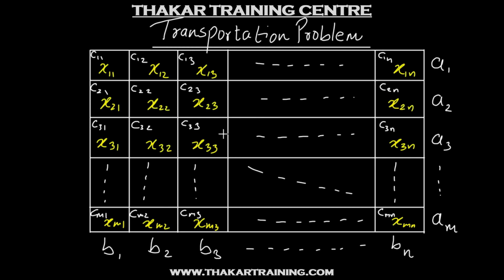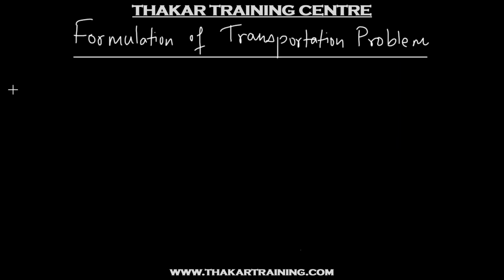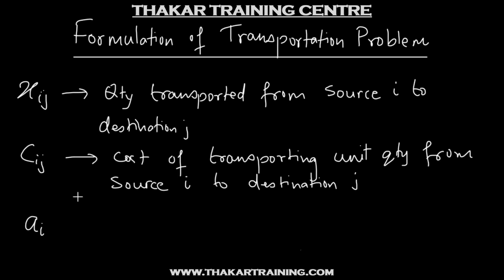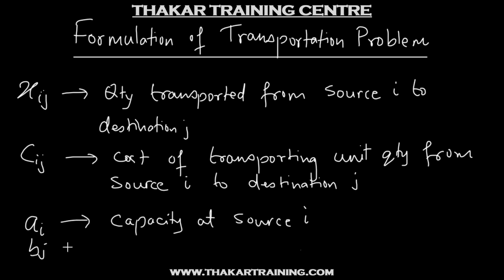So now let's look at the formulation of a general transportation problem. As we discussed earlier, xij is the quantity that will be transported from source i to destination j. Cij is the cost of transporting a unit quantity from source i to destination j. Ai is the capacity at source i. Bj is the demand at destination j.